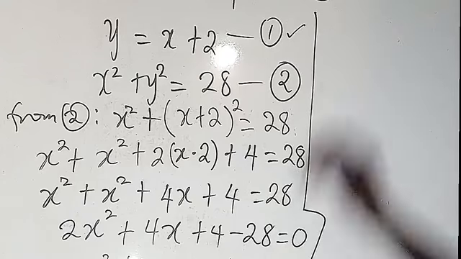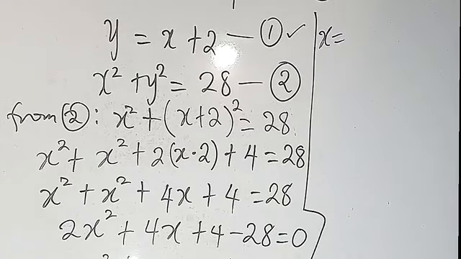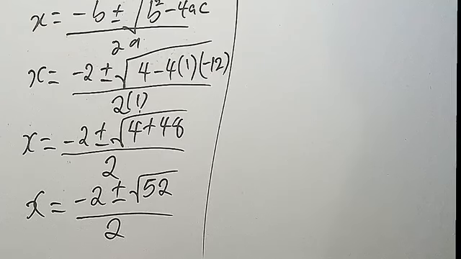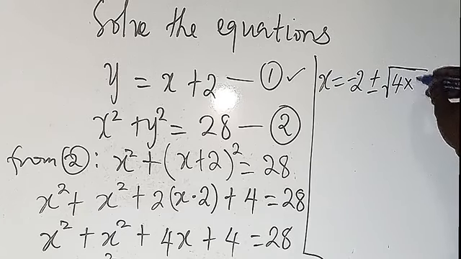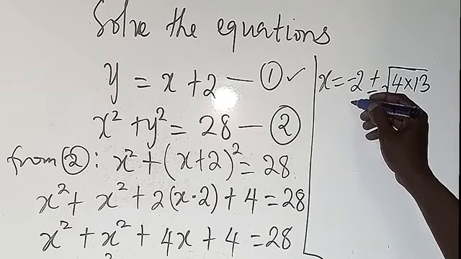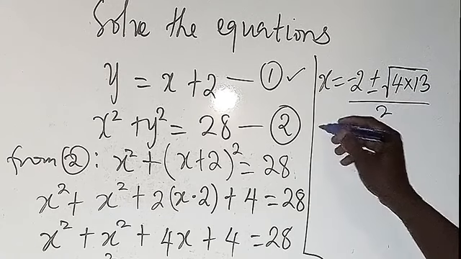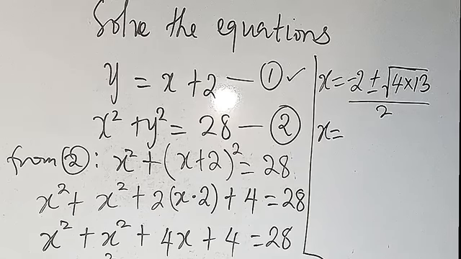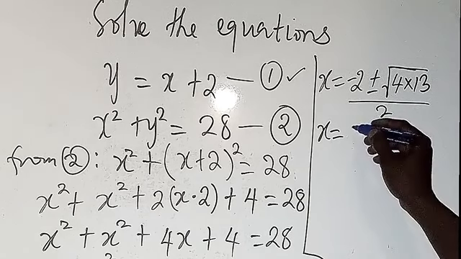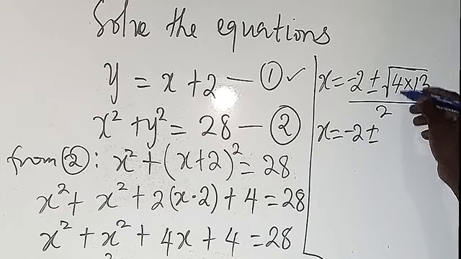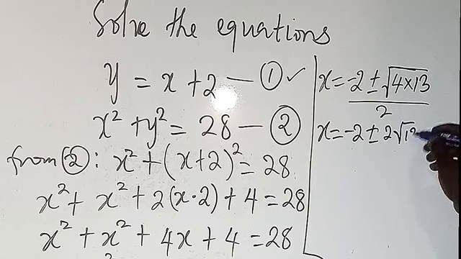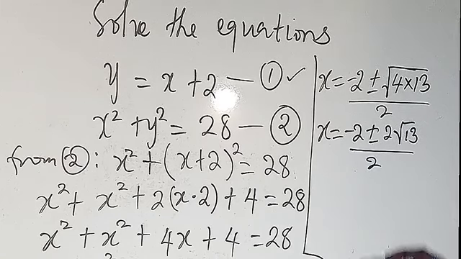x equals minus 2 plus or minus the square root of 52, and 52 can be 4 times 13, divided by 2. We take the square root of 4, which is 2, root 13, divided by 2.